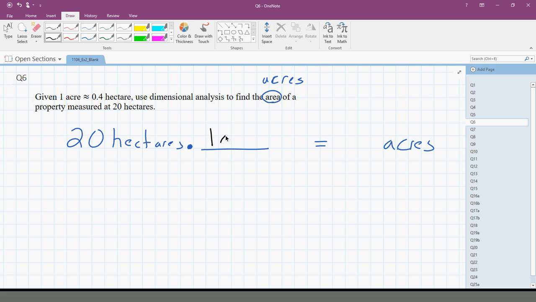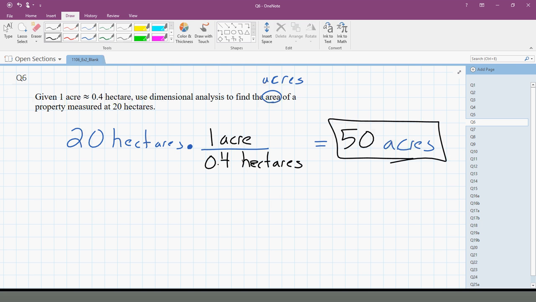Okay. 1 acre on top. I like that because acres is what we want, and we're getting rid of the hectares. So I like that you said put the hectares in the denominator. So you're going to take 20 times 1 over 0.4. 50 acres. Perfect. There you go. Easy peasy.